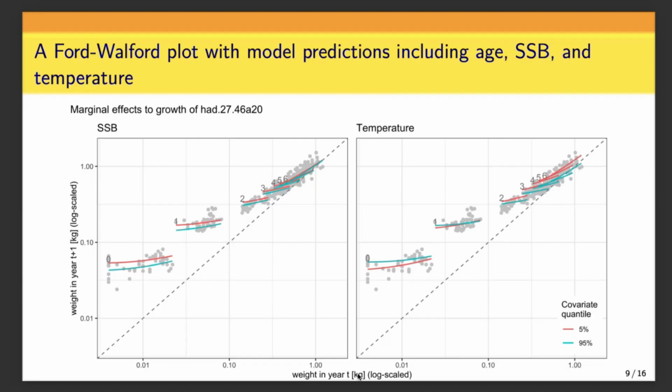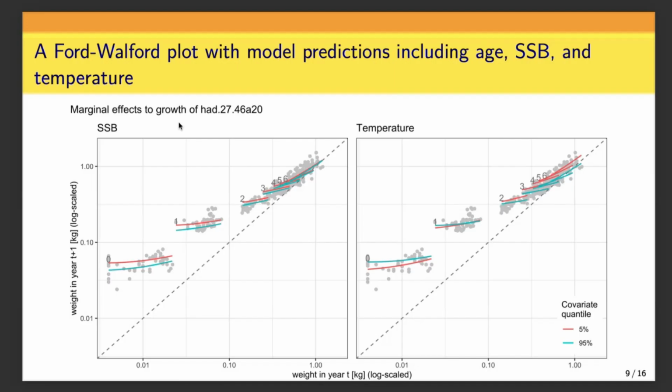But you've got weight in one year on the log scale on the x-axis, and then the y-axis is weight in the next year. And these young age groups are growing quite rapidly. And then the older age classes get closer and closer to the 1-to-1 line because their growth is slowing down.